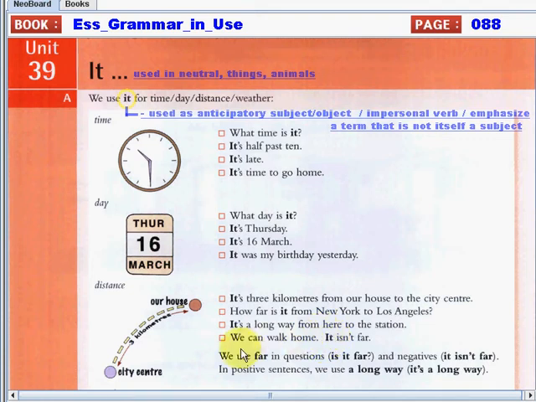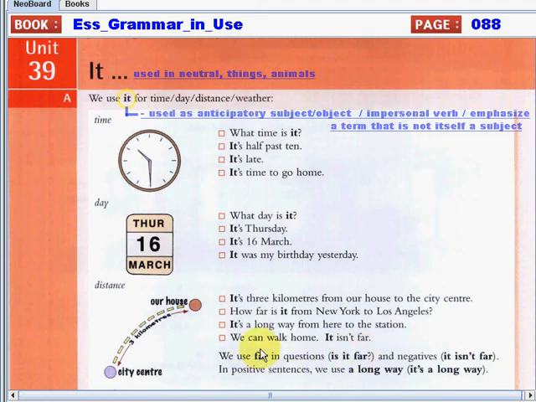So there are some notes here that we should remember or memorize so that our sentences made with the word "it" are correct. We use "far" in questions. Is it far?